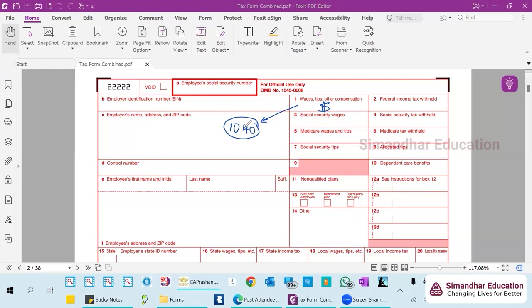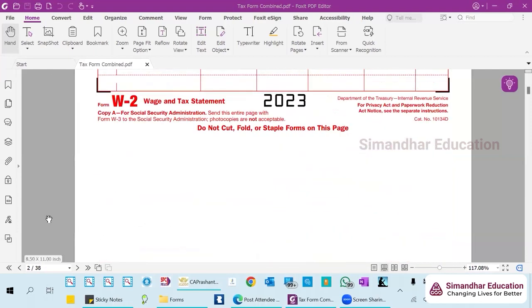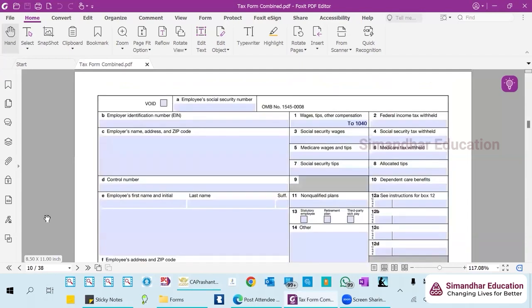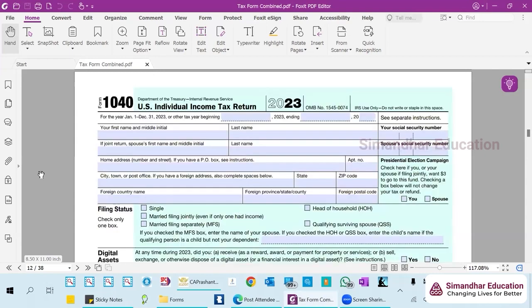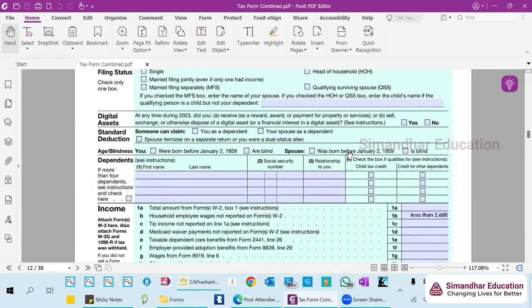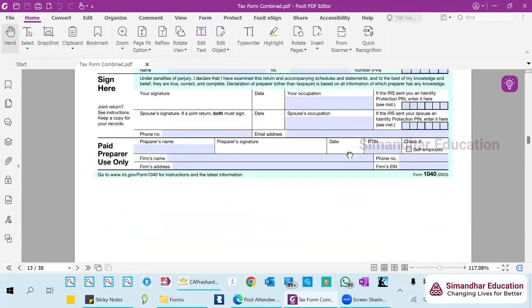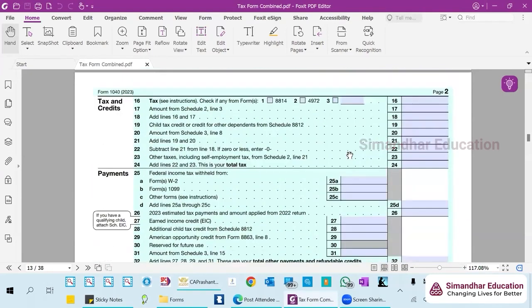Now let's see form 1040. So this is my 1040. How many pages do I have? This is my page 1, and this is my page 2. That's all I have, nothing else.